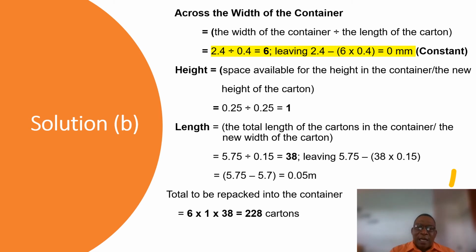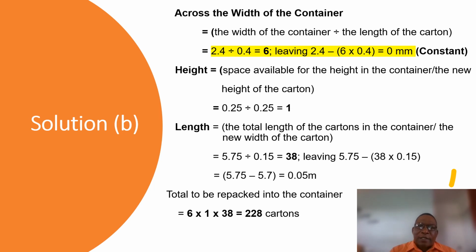Remember, initially we removed 138. If when we did this to determine packing on the sides we got less than 138, it would make sense we would not have removed them. And so we can work with 228 because packing on the side gives us more in the actual container.